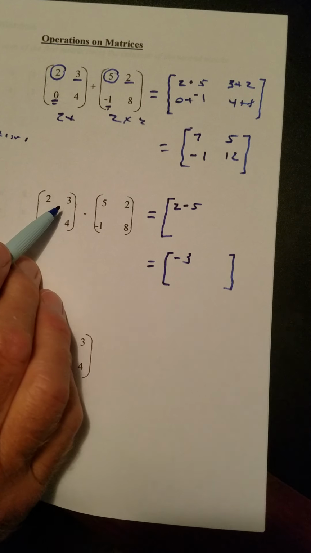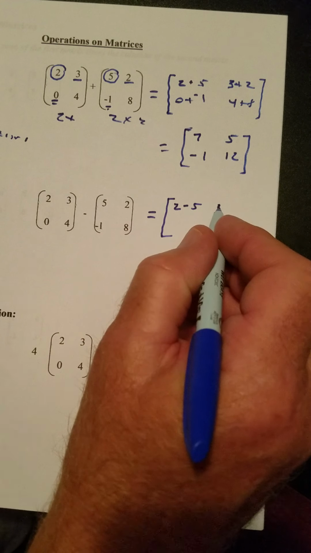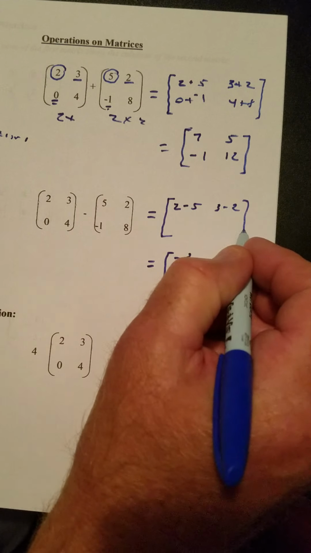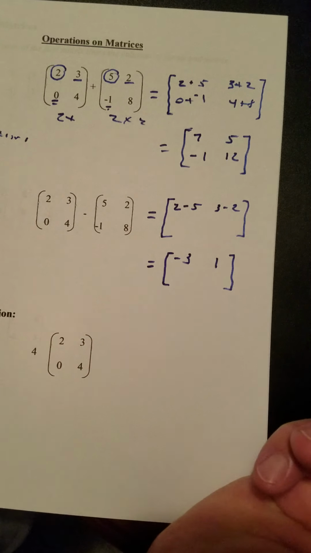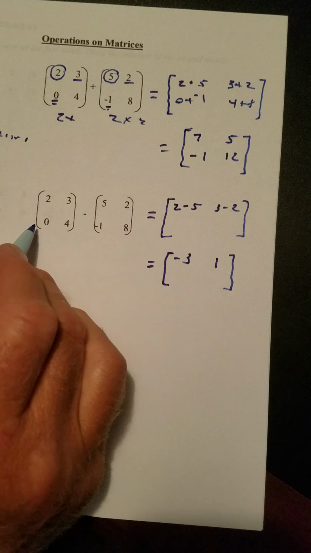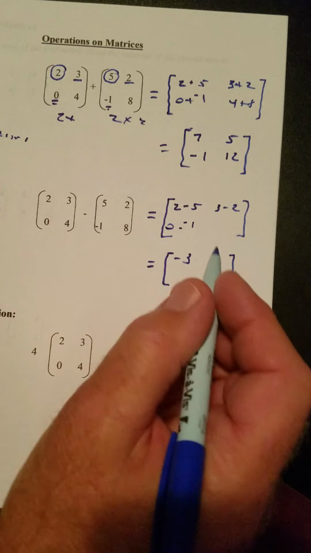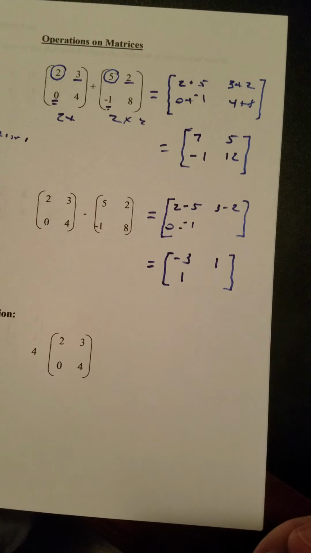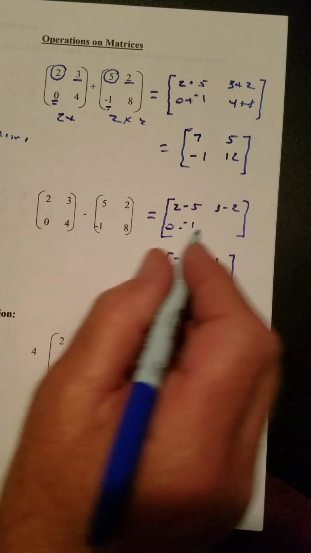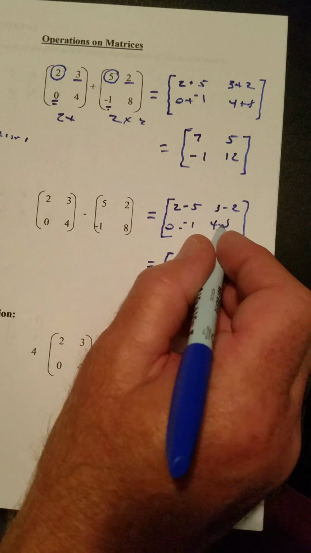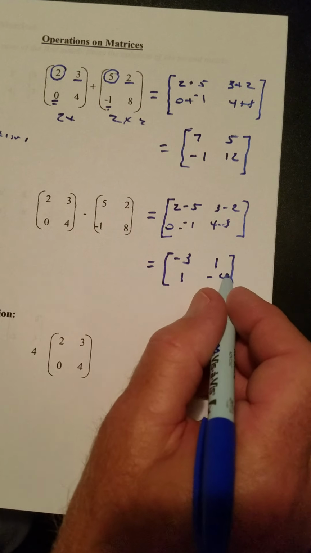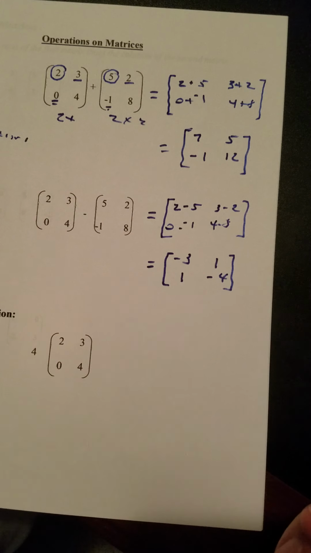Upper right is 3 minus 2. I get 1. 0 minus negative 1 is 1. And 4 minus 8 is negative 4.